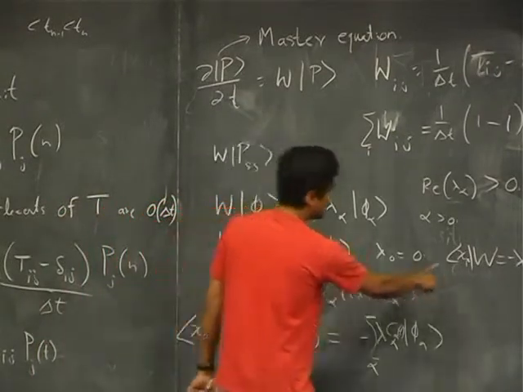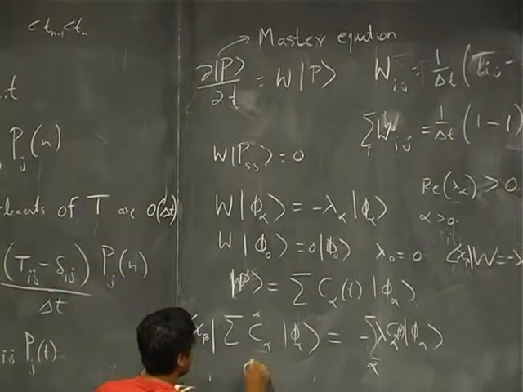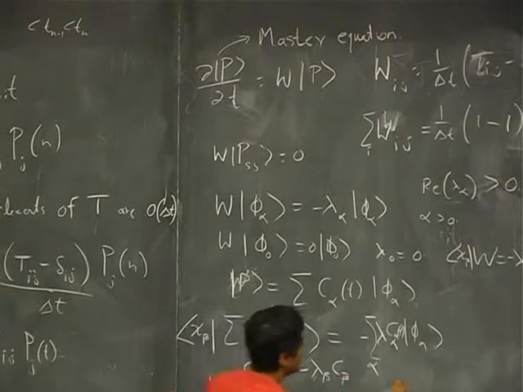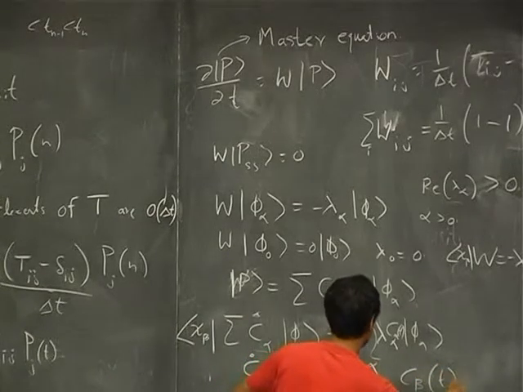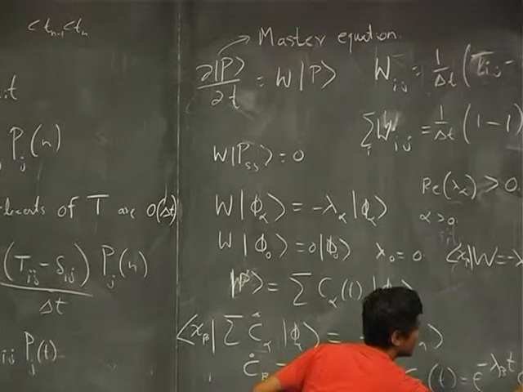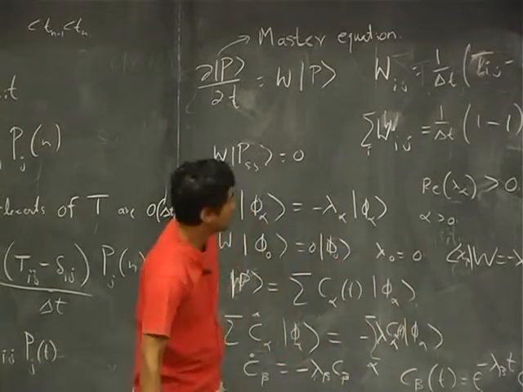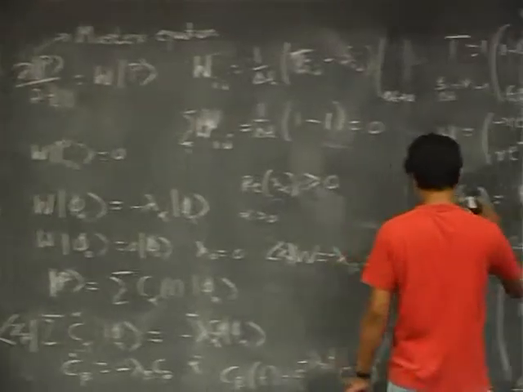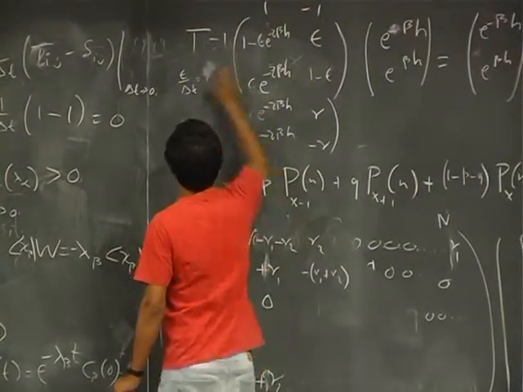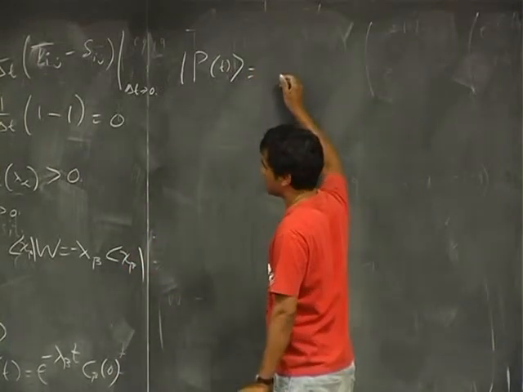Okay, so now you find the left and right eigenvectors and take a product, and so you get C beta dot is equal to minus lambda beta C beta. So therefore, C beta of t is equal to e to the power minus lambda beta t times C beta of 0.